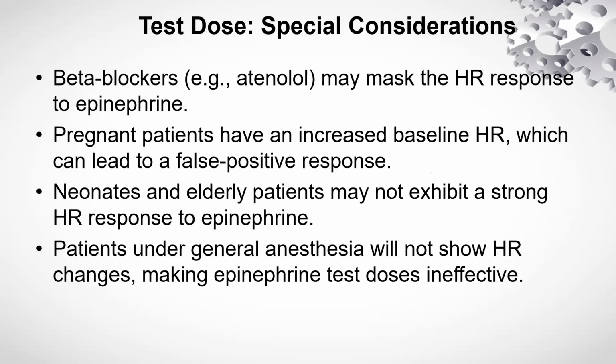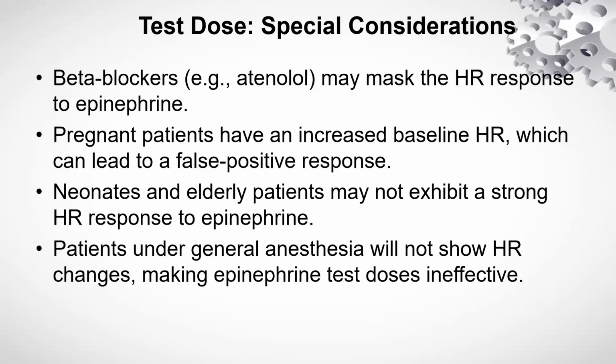Now, remember that there are some special considerations that may make your test dose not very accurate. If the patient is on a beta blocker, you may not observe the tachycardia that normally comes with intravascular placement of your injection.